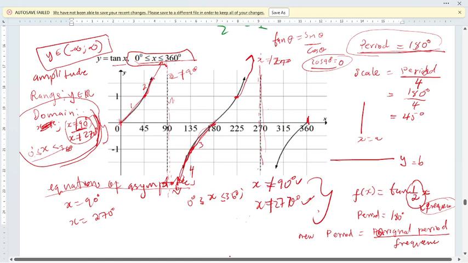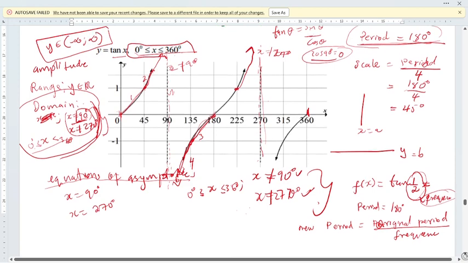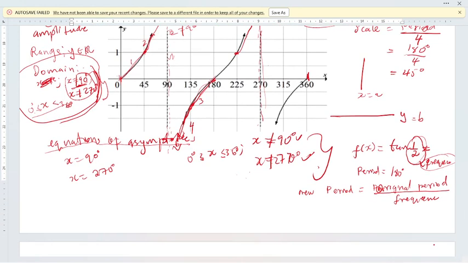Why frequency? The graph rotates so that it can make a complete cycle. So it rotates half of what the original did. Now what is the answer here? The new period of tan half x: I say tan x, what is the period of the original tan? 180 degrees.